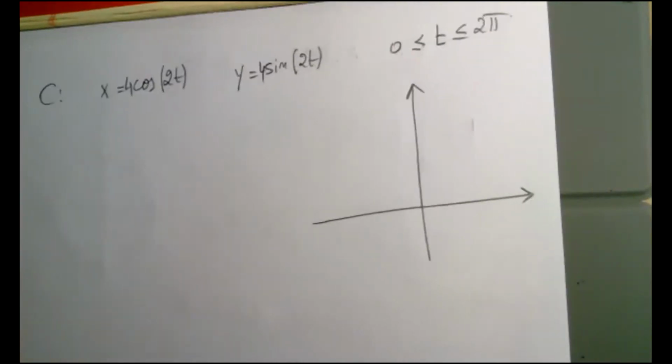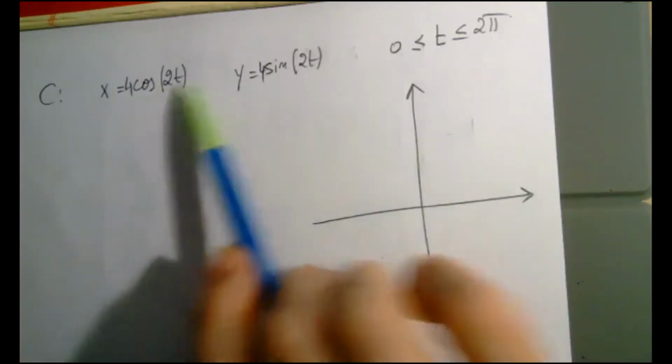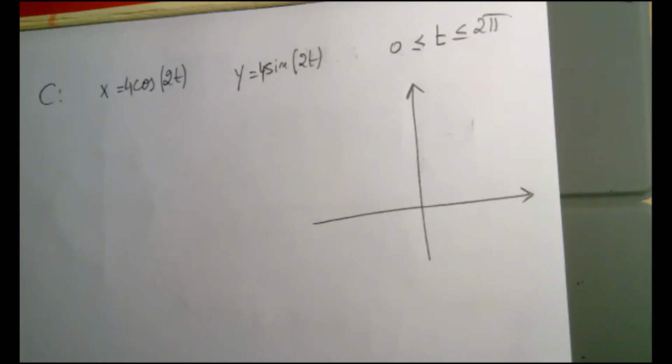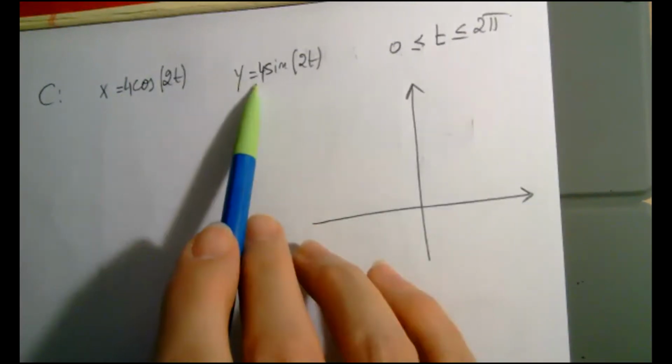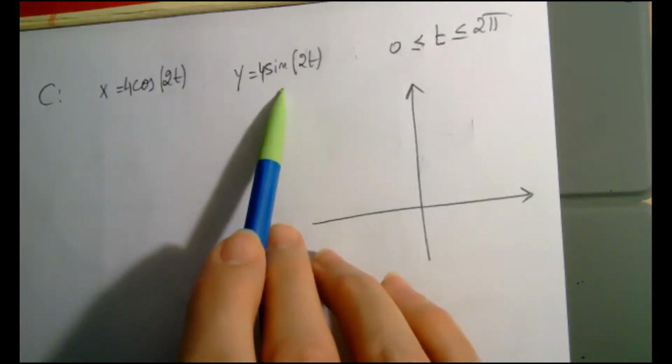Now, question number 1, the graph in this should look like what? And question number 2, what's the direction of motion and what's really going on as far as a particle moving along this? So question number 1 is, when we graph this, are we going to get a circle? Yes or not?